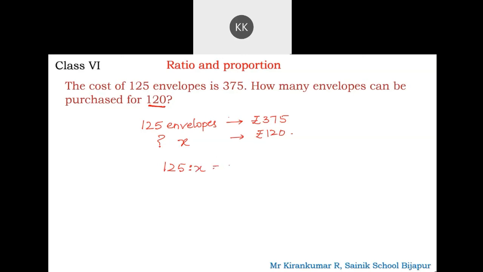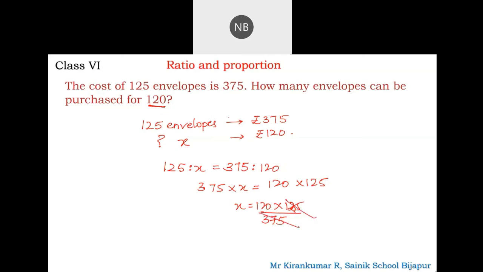It's like this, 125 is to 375 as x is to 120. 125 into 3 is equal to 375. So 120 divided by 3 is 40.